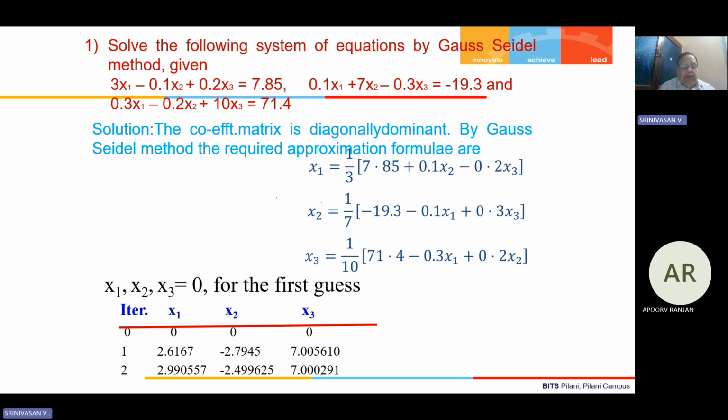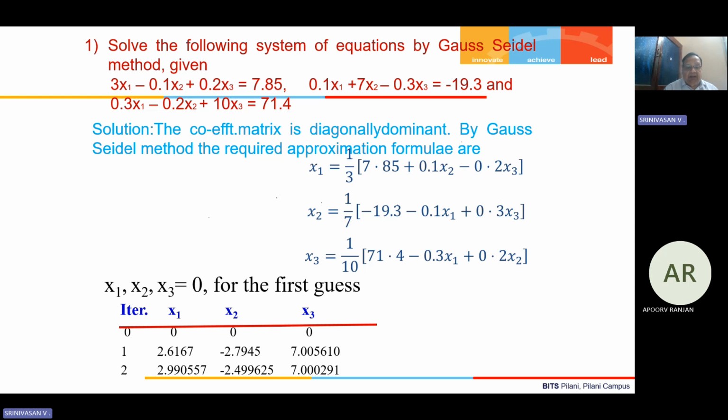What about the first one? First one, 3 into 3, 9, 0.1 into x2. Anyway, you just check. Okay. I have checked the second and third equations are correct, satisfied. You just check the first one. So you can just go for one more approximation and then come to the conclusion.